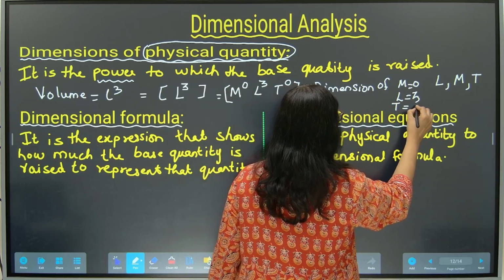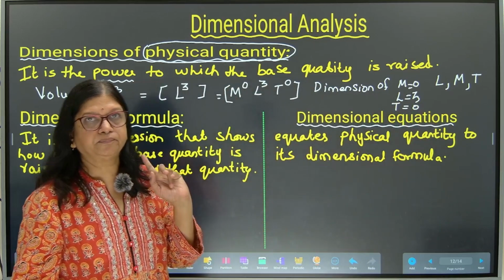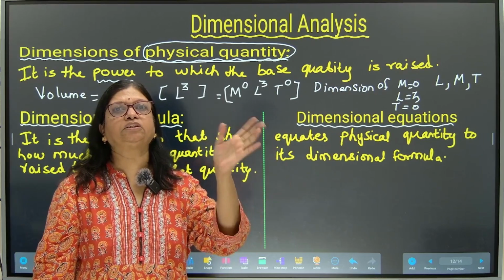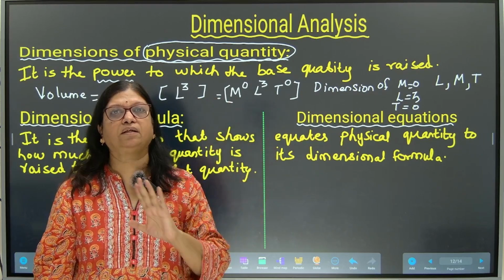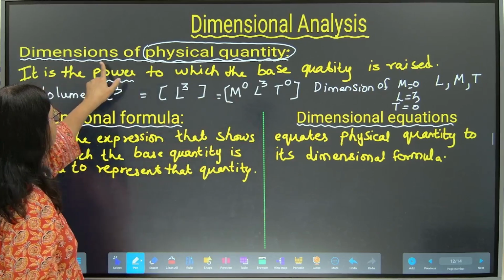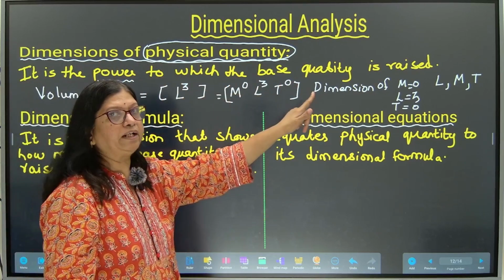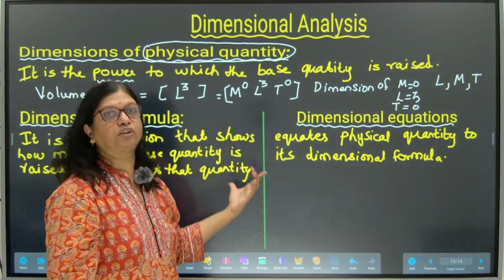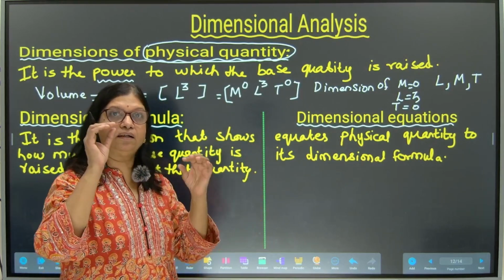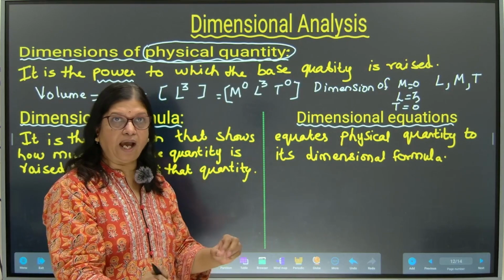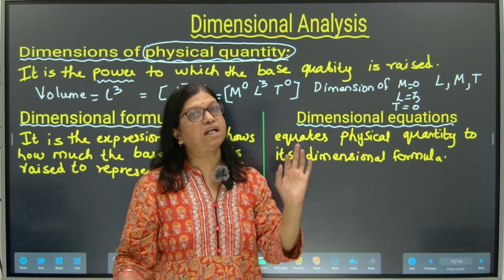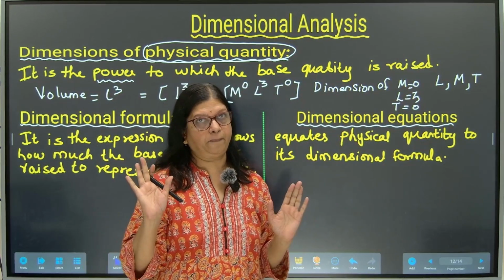Dimension of T is equal to 0 in this expression. Another expression will have different dimensions of M, L and T. So this is the way you write the dimension of a physical quantity. You write its formula, you put it in the square bracket and note down the dimensions of L, M and T, which are the base quantities.